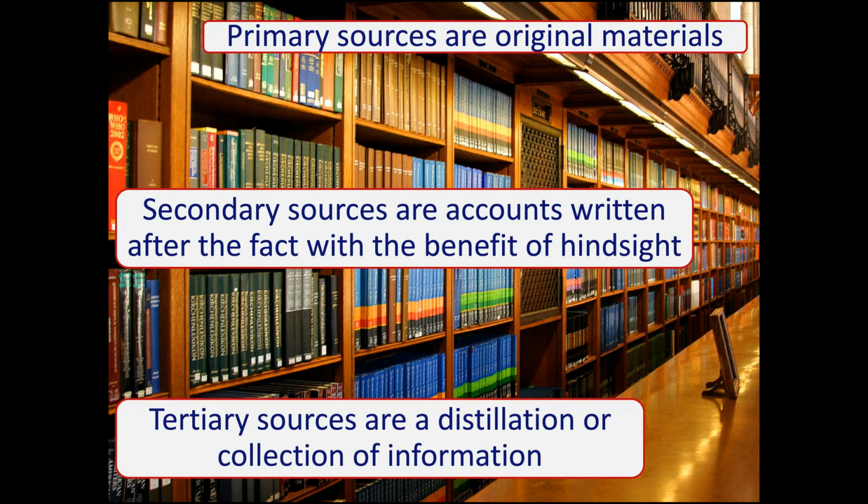That means the event would have happened and then you're writing about the event. And tertiary sources are when the information has been distilled or collected from a variety of sources and is now made available, maybe in a very concise or filtered manner, or it might be available in multiple channels at any given point in time. Then that information source would be considered a tertiary source.